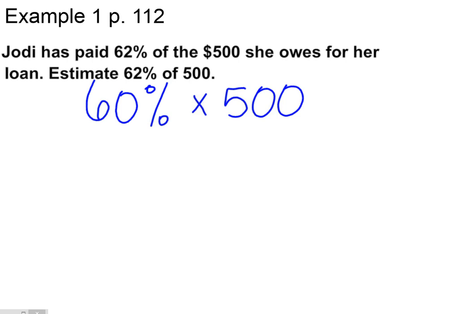Now, I'm going to break down 60%. I can show you 2 ways. The book shows it to you as a fraction, so I'm going to do this method first.